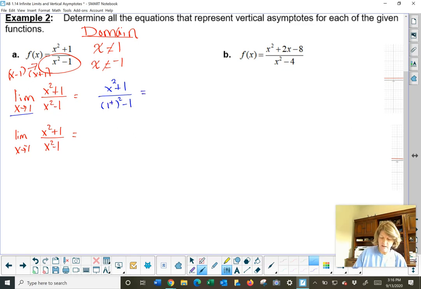This would cause us to have roughly 2 up on top, and on bottom, 1 just a little bit larger than 1 squared would be just slightly bigger than 1. 1 minus 1 would be some very small positive quantity. And that tells me 2 divided by something really tiny will go to infinity. And that right there tells me I have a vertical asymptote.